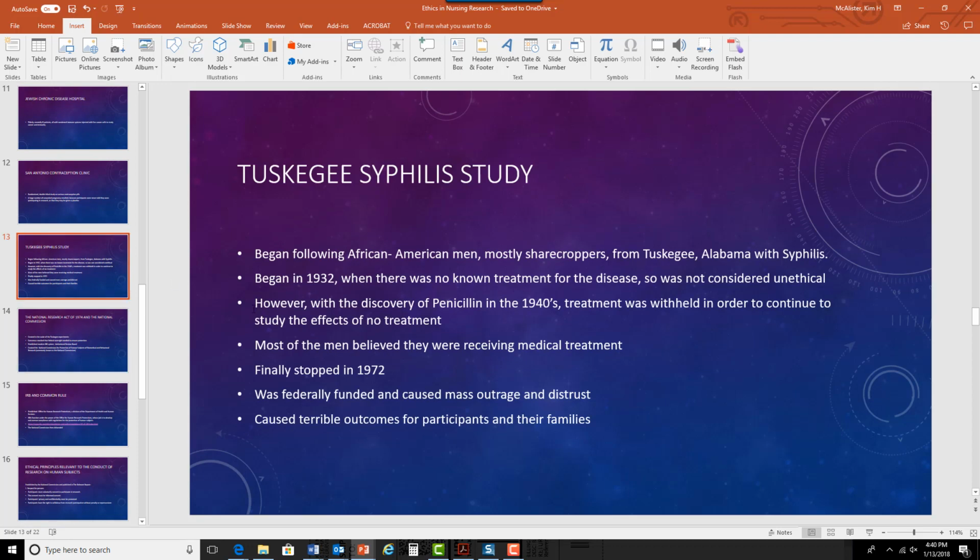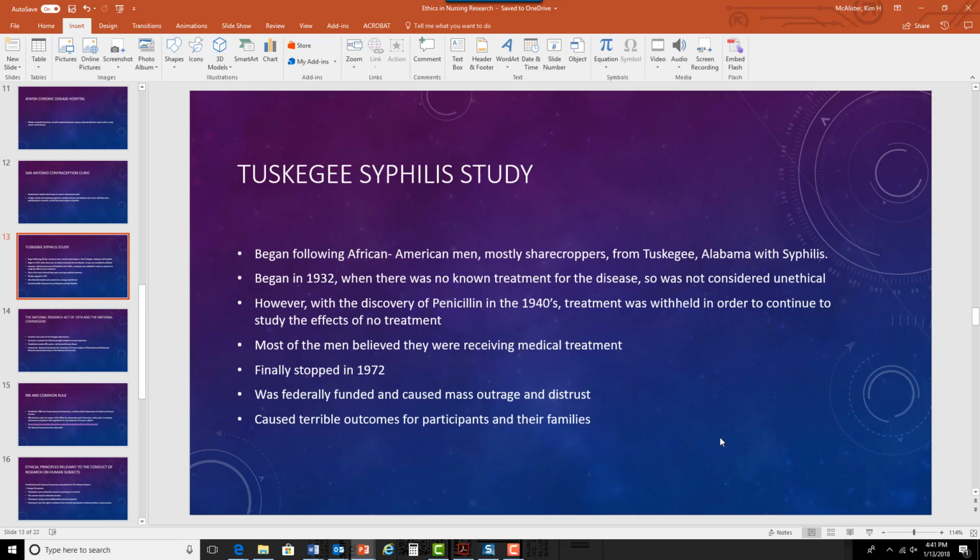Another really outrageous thing that happened was the Tuskegee syphilis study. This was a study that used mainly African American men who were mostly sharecroppers from Tuskegee, Alabama. And they were used because they were a convenient sample.